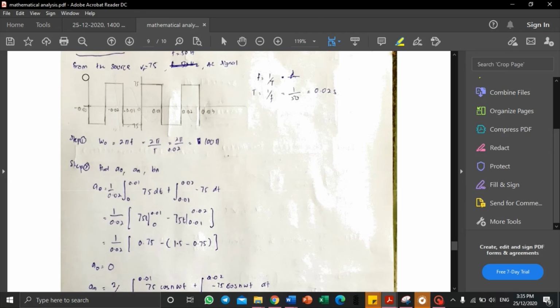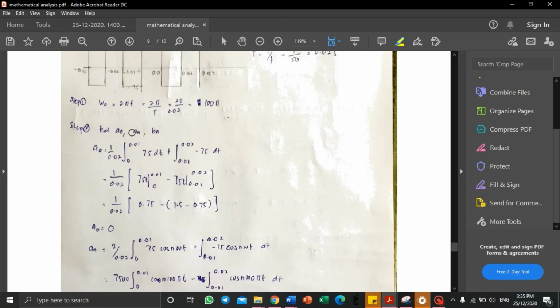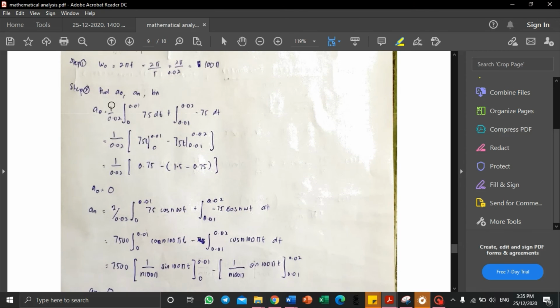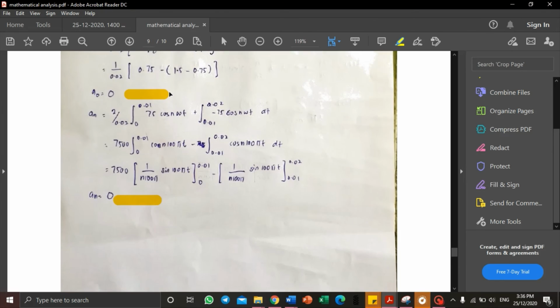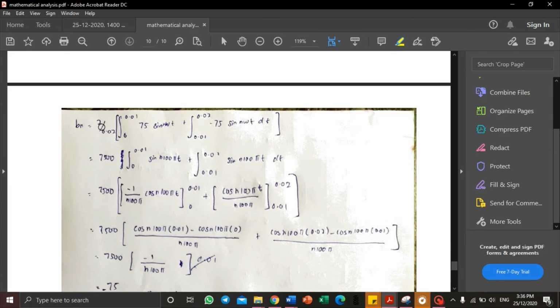Because this square wave has odd symmetry, we can assume that a naught and an are equal to 0. From the calculation, it proves that a naught is equal to 0 and an is equal to 0. So we just need to find bn. So bn is equal to 2 over 0.02 times the integration from 0 to 0.01 of 75 sine n omega t plus the integration from 0.01 to 0.02 of negative 75 sine n omega t dt.